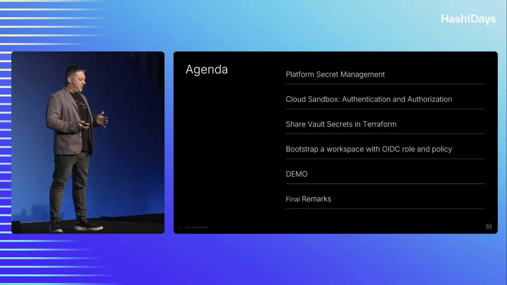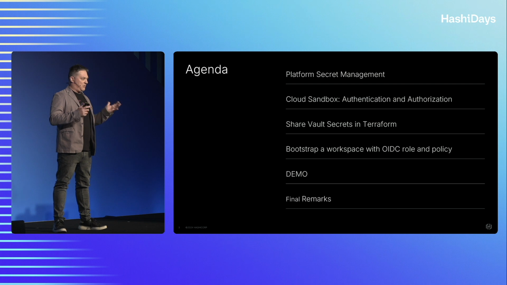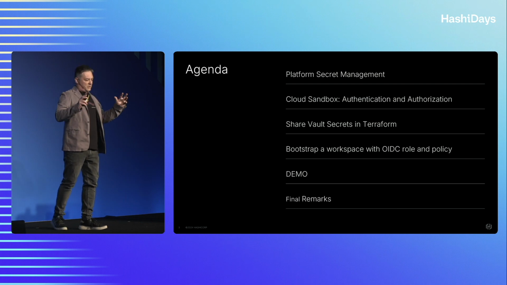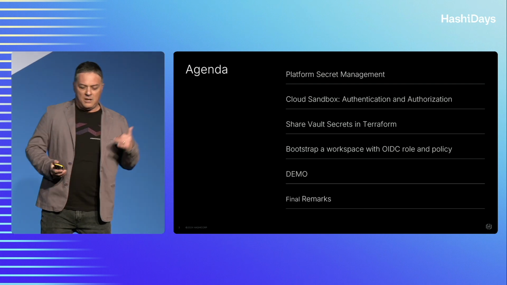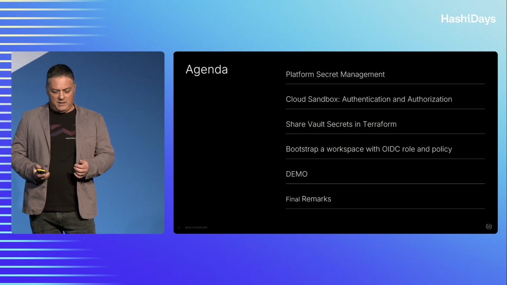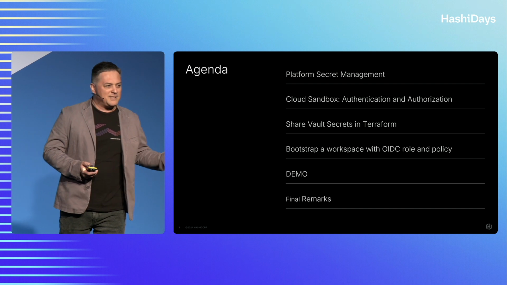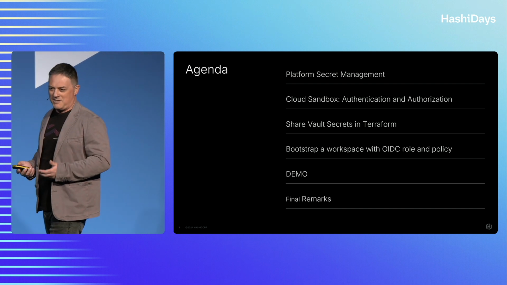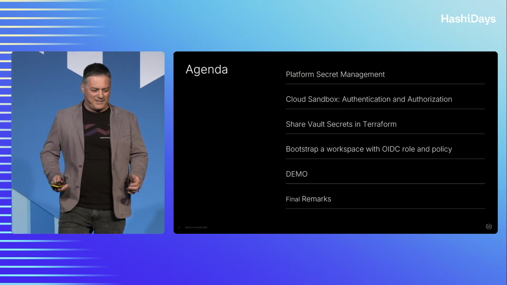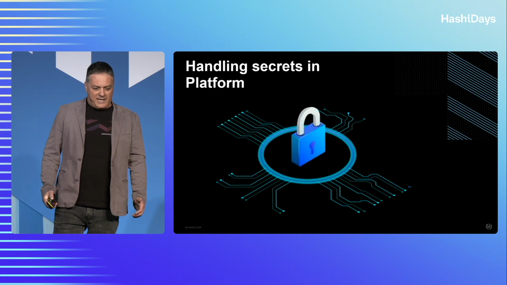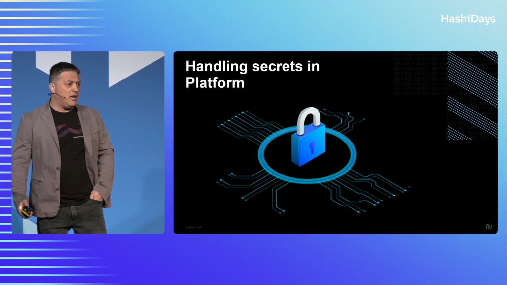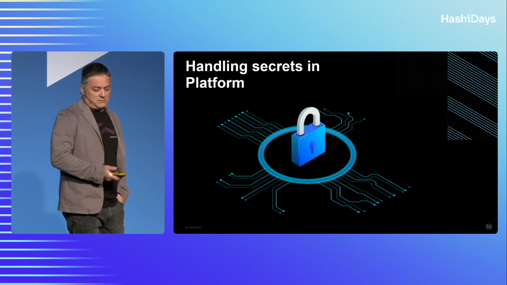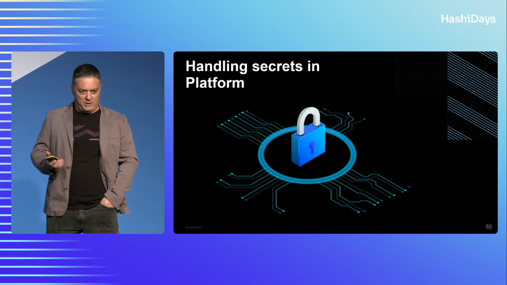Then we'll dive into how to share Vault secrets in Terraform and how you can bootstrap your workspace using OIDC role and policy. And obviously, we have time for a demo because we want to see this in practice.